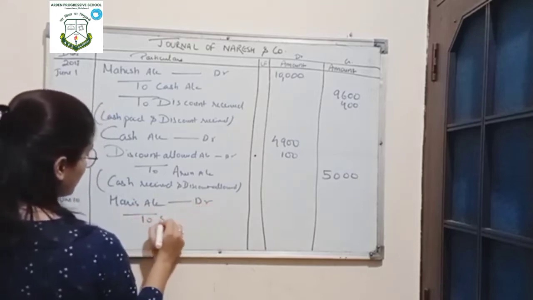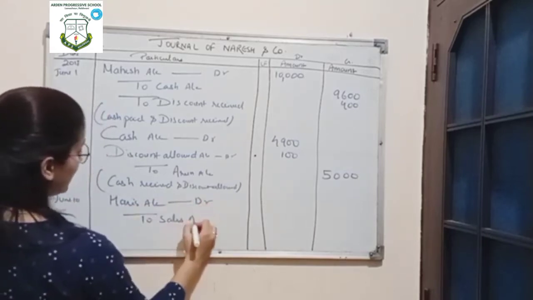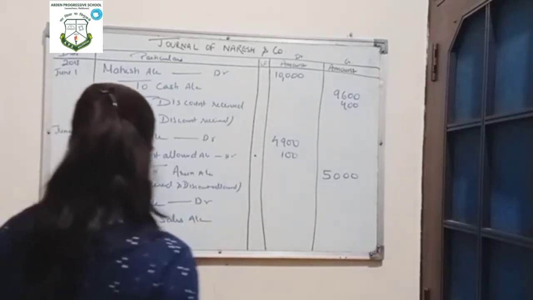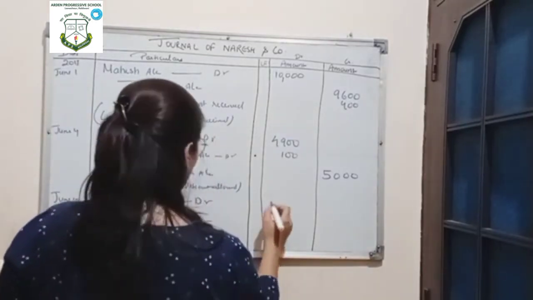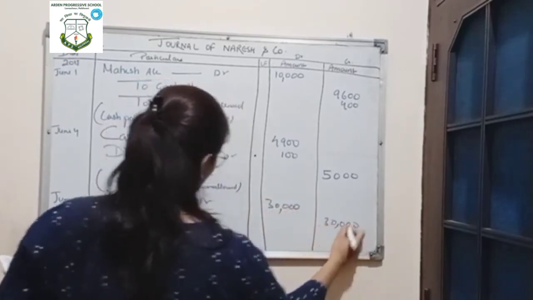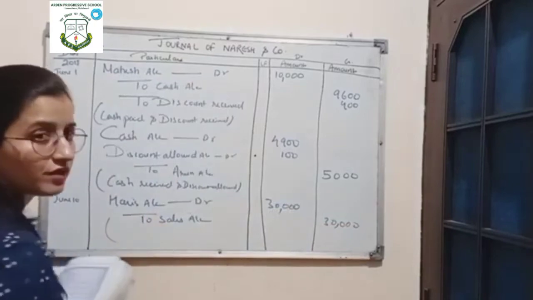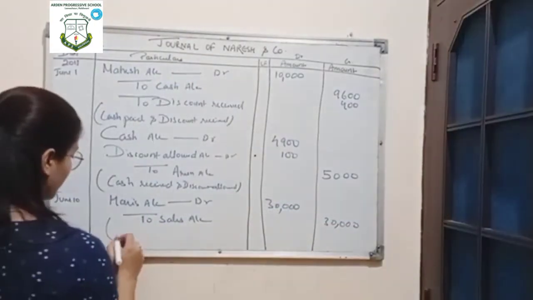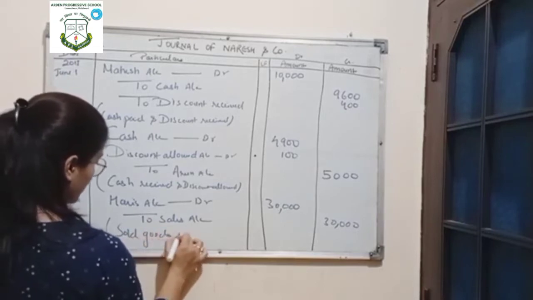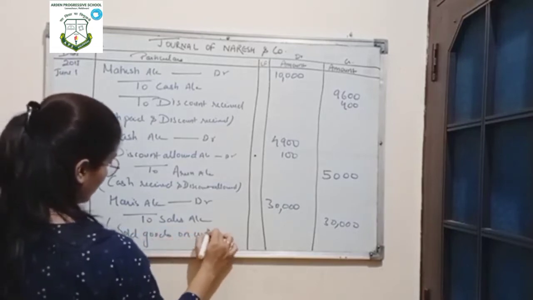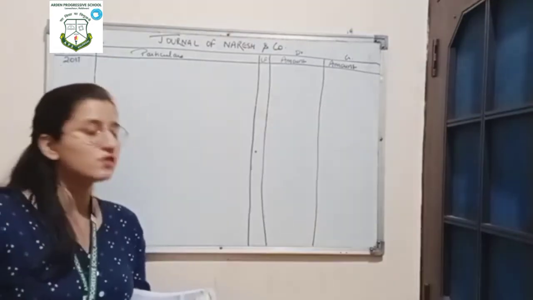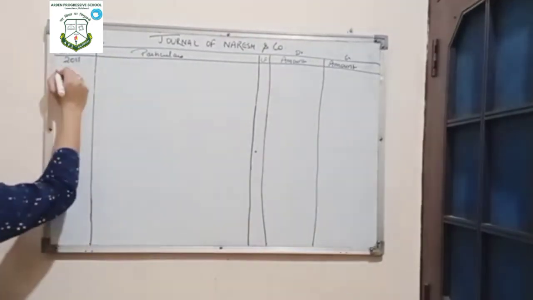To sales is an income, so it will be credited. Amount is rupees 30,000. 30,000 goods have been sold to Hari. Narration for this entry will be sold goods on credit. So next transaction is on 12th June.